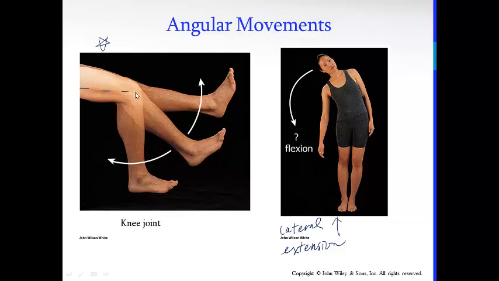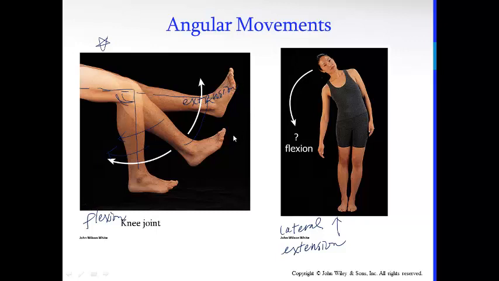So here is your angle. If you were to move the legs backward, are you increasing or decreasing the angle? You are decreasing the angle, yeah. So this is flexion. And if you're bringing it back, this is extension.